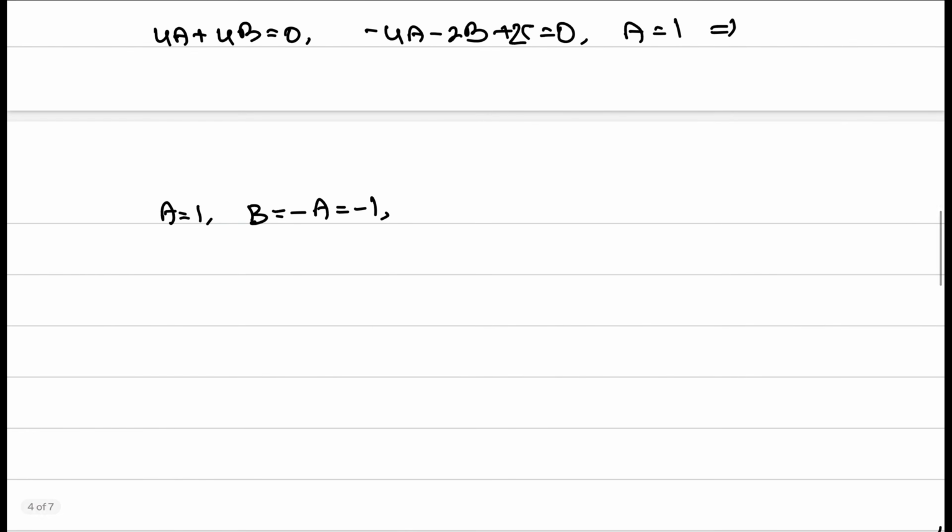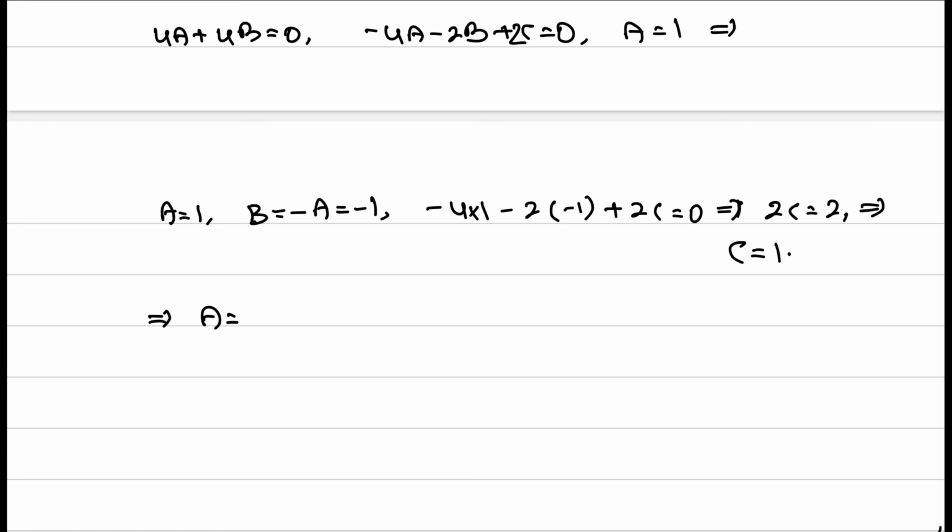Minus 4A means minus 4, minus 2B means plus 2, minus 4 into 1 minus 2 into minus 1 plus 2C is equal to 0. That implies minus 4 plus 2 is minus 2, minus 2 plus 2C is 0. That implies 2C is equal to 2, so C is equal to 1. That means A is equal to 1, B is equal to minus 1, C is equal to 1.